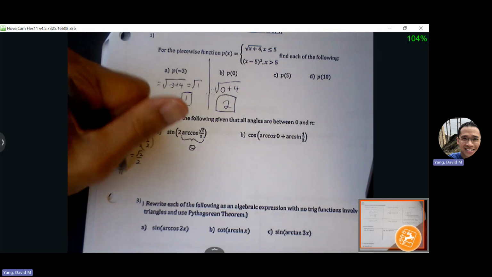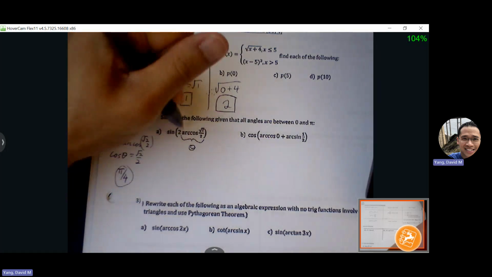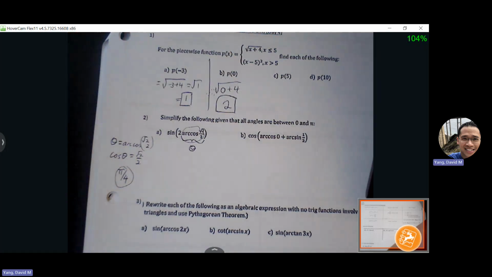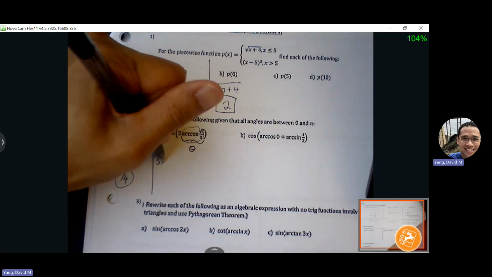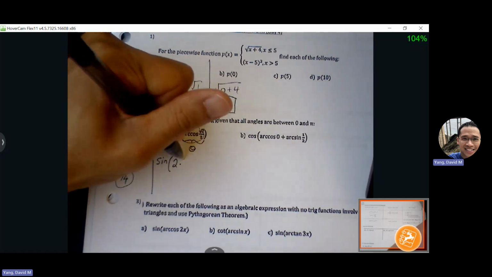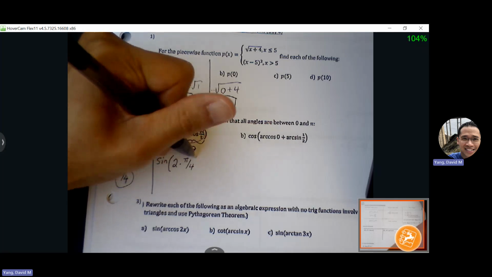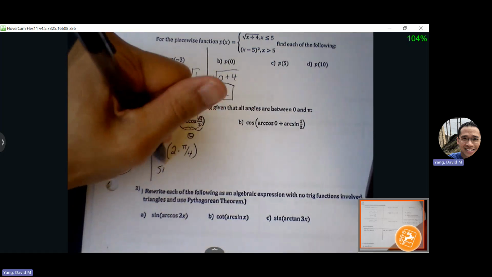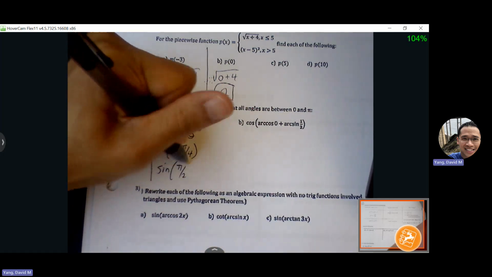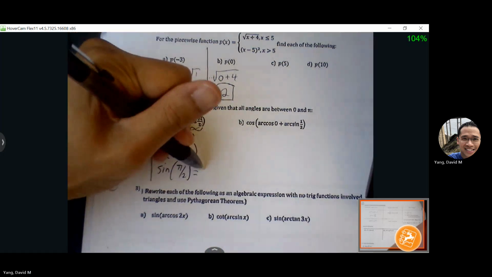Pi over 4, right? So now I'm going to replace that arc cosine of root 2 over 2 with pi over 4, and I can further evaluate. So sine of 2 times pi over 4. What's 2 times pi over 4? Pi over 2. And now this feels a lot more familiar, right? Sine of pi over 2 is equal to 1.